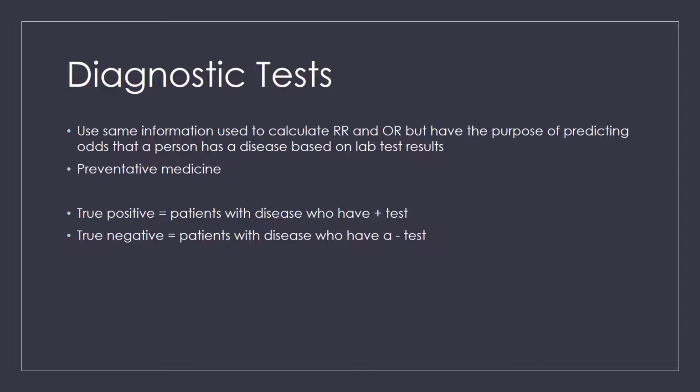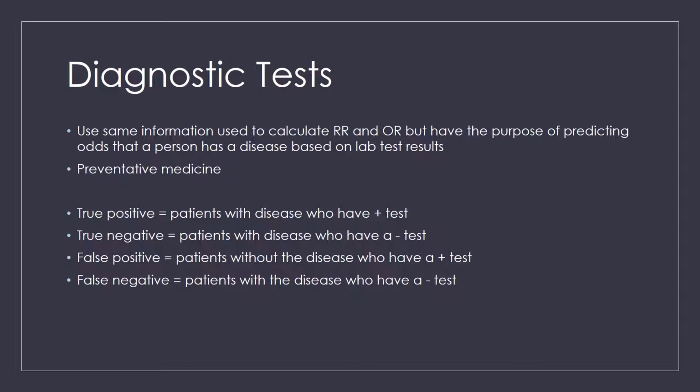A false positive is a patient who does not have the disease but has a positive test. So the patient doesn't have the flu, but the test says they do. And then a false negative is a patient has the disease but has a negative test. So a patient has the flu, but the test says they don't.